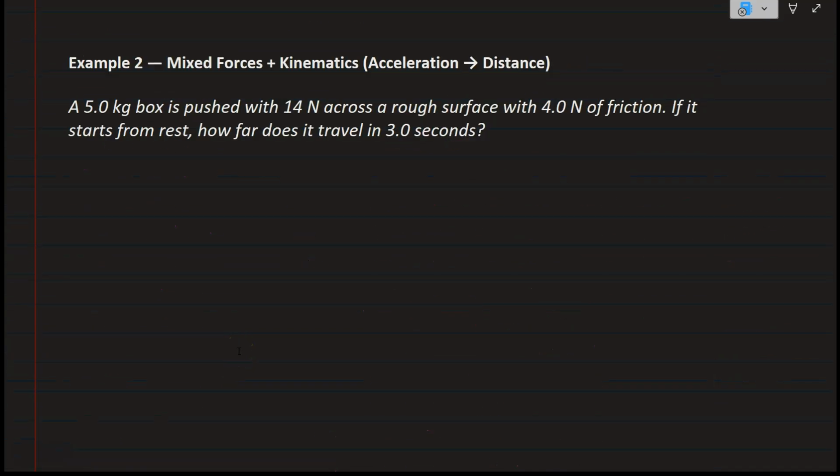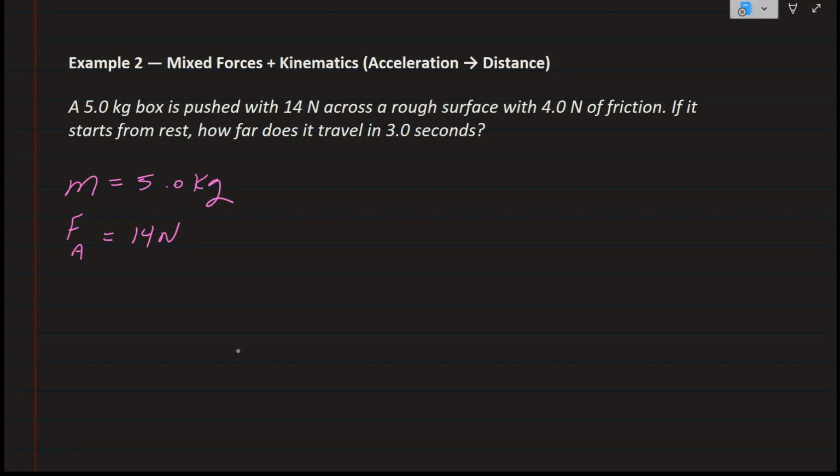Let's look at another question. Example 2: a 5 kg box is pushed with 14 Newton across a rough surface with 4 Newton friction. If it starts from rest, how far does it travel in 3 seconds? Let's write up what we do know. The mass is 5.0 kg. The applied force forward is 14 Newton.